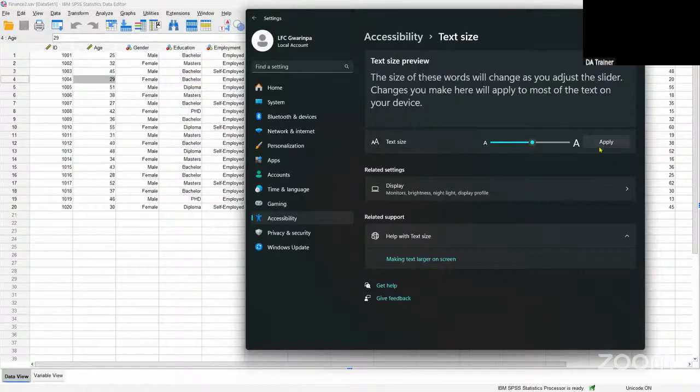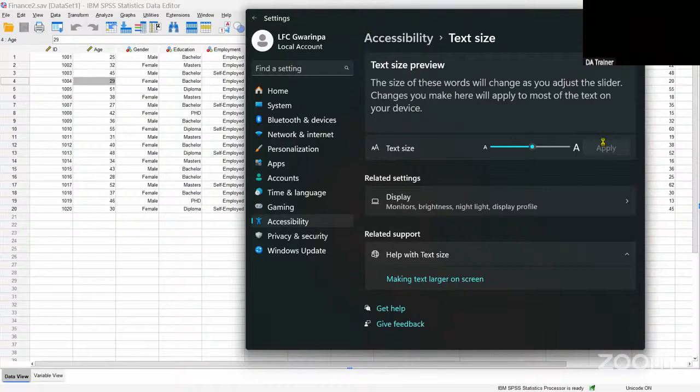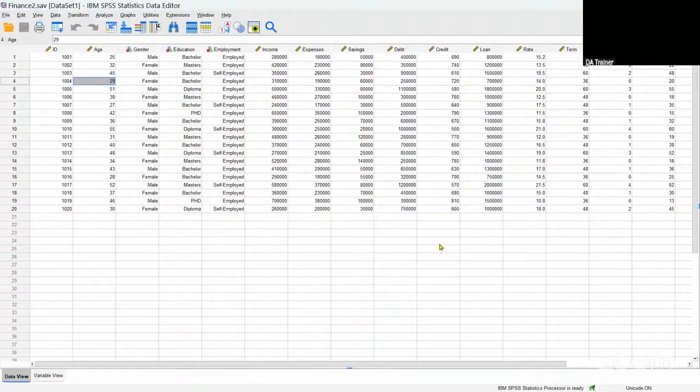It was called that initially, but now it's called statistical products and services solution. Initially, it was called statistical package for social science, but now it is called statistical product and service solution.